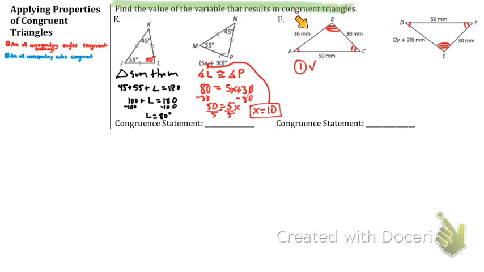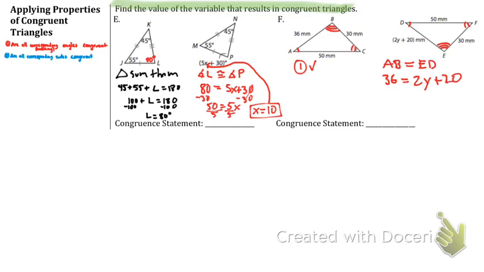So we're going to set them equal to each other and solve for y. AB has to be equal to ED. What that looks like is AB is 36 equal to ED, which is 2y plus 20.